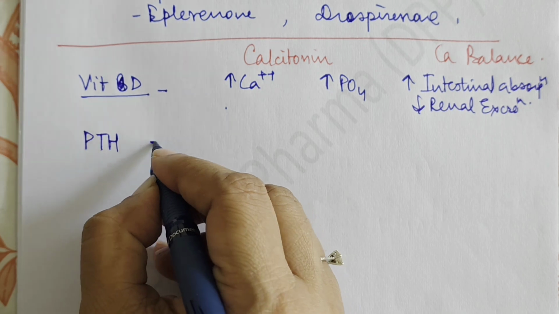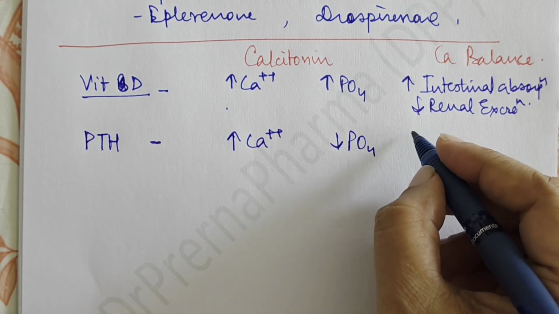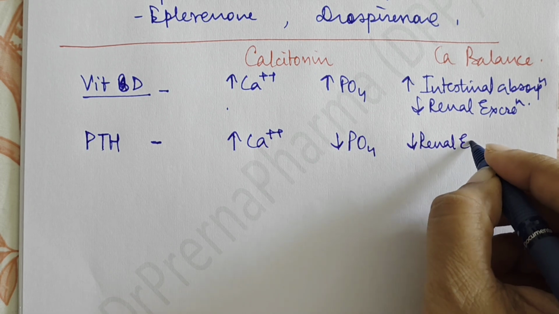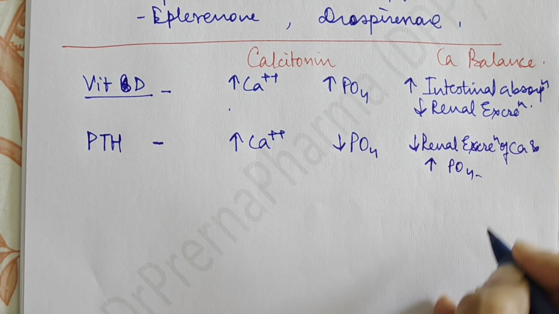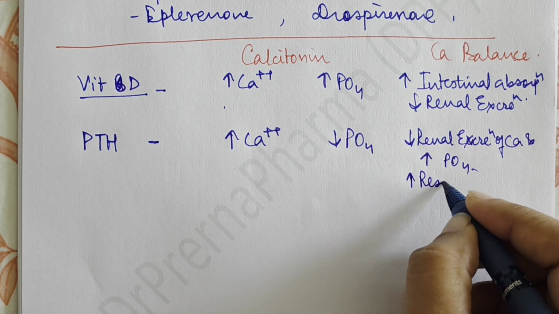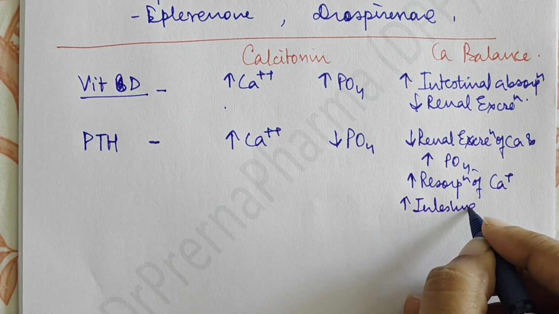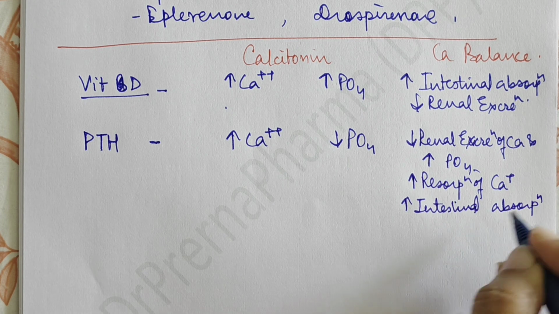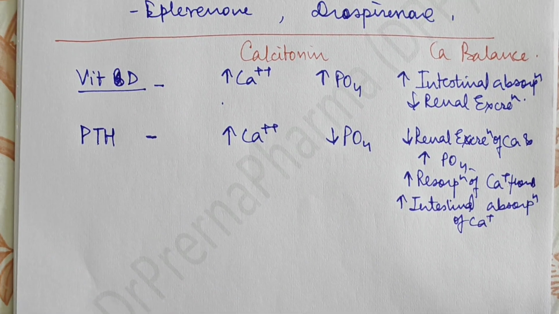Then there is parathormone, and parathormone increases calcium and reduces phosphate. So it reduces the renal excretion of calcium and increases the renal excretion of phosphate. Then it increases the intestinal absorption of calcium. It increases the resorption of calcium from the bones, right? So this is the action of vitamin D and PTH.